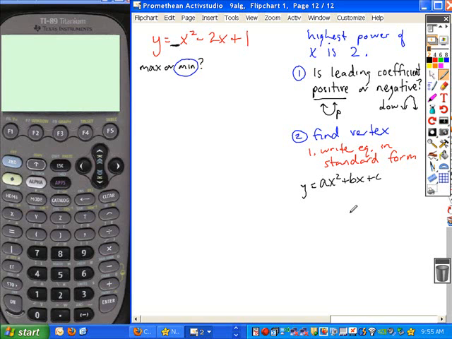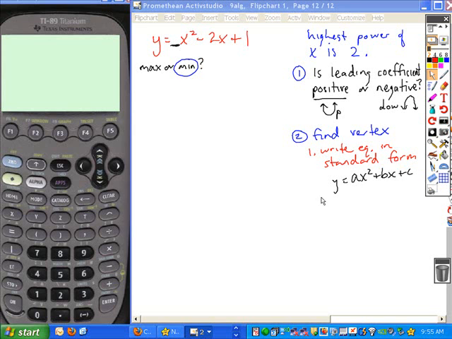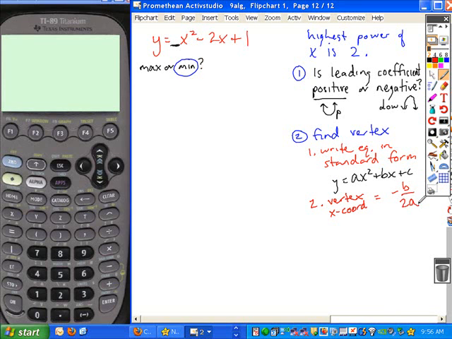Ax squared plus bx plus c is the standard form. And so you're just writing it from highest power to lowest power of x. And that allows you to figure out is the leading coefficient positive or negative. And it also allows you to figure out what your vertex is. Because if your equation's written in standard form, the vertex x coordinate is equal to negative b over 2a.